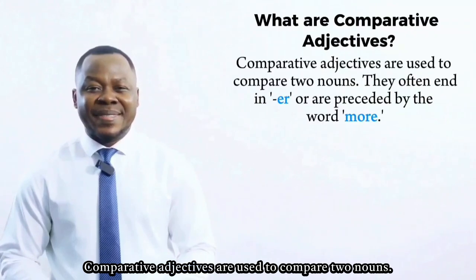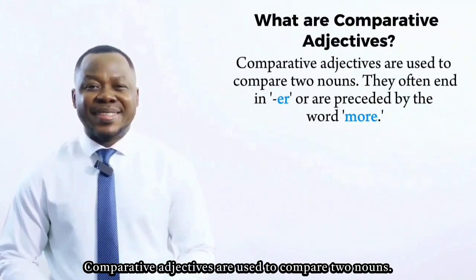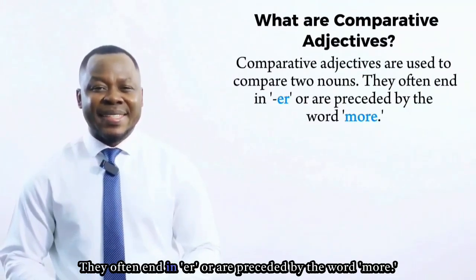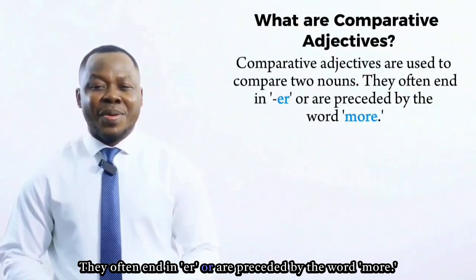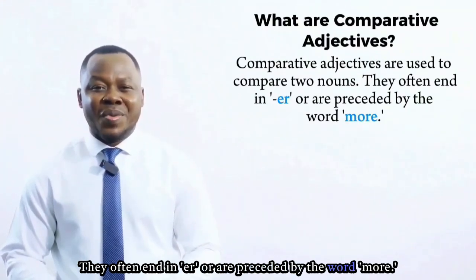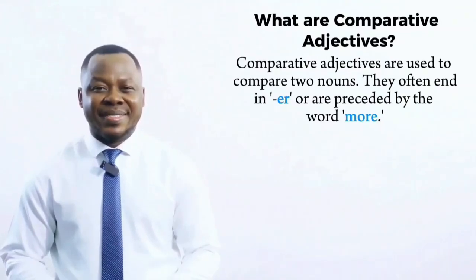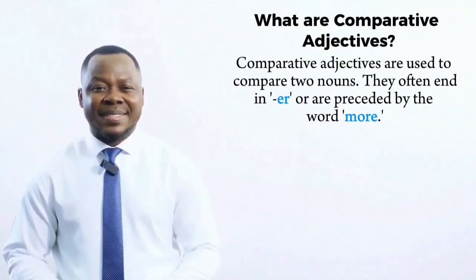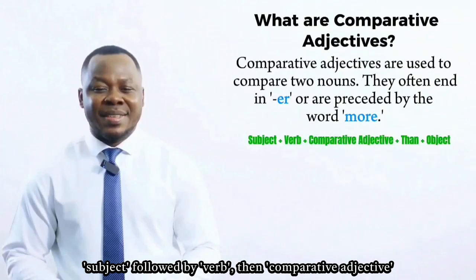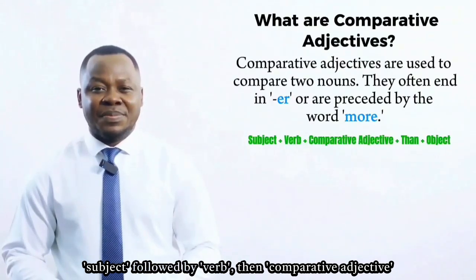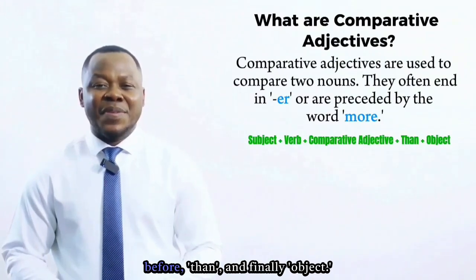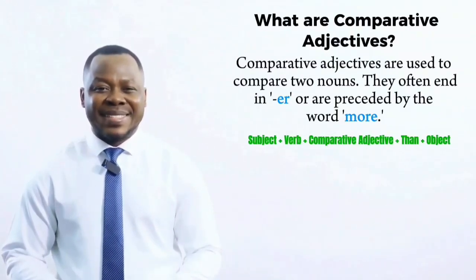Comparative adjectives are used to compare two nouns. They often end in ER or are preceded by the word more. The structure typically follows the pattern subject followed by verb, then comparative adjective, before than, and finally object.